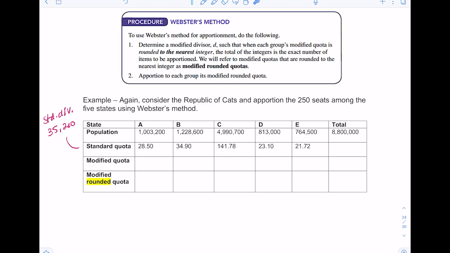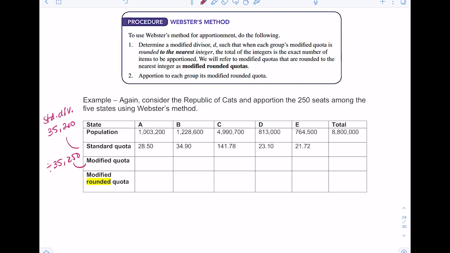Again, I'm picking a slightly higher number, because when I add up the numbers, it comes out to 251, which is too high, using 35,200. So we're going to divide by 35,250. Okay, let's try that.